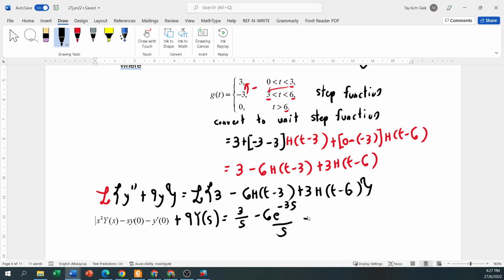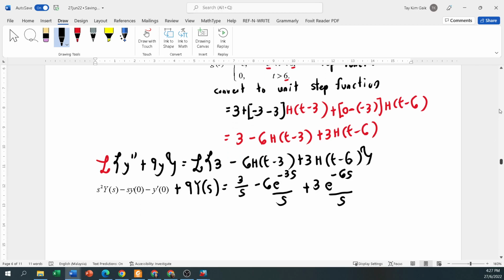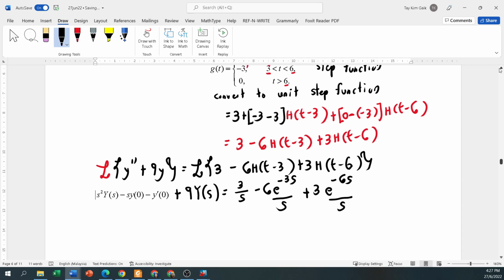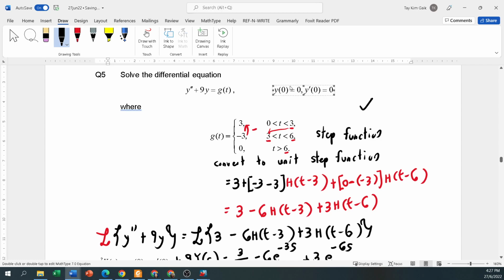And then plus 3 times the Laplace transform for h(t minus 6), which will be exponent negative 6s over s. Some, when taking the Laplace transform, left the answer in t, which is wrong also. Okay, and then plug in the initial conditions y(0) equal to 0, y prime (0) equal to 0.